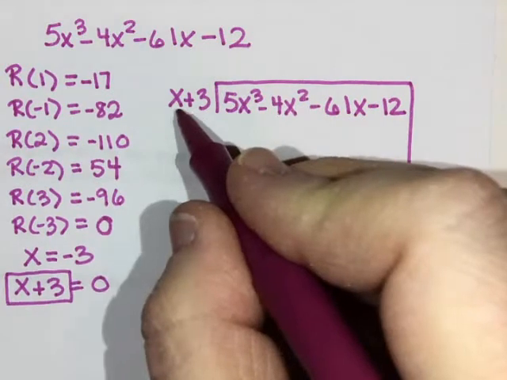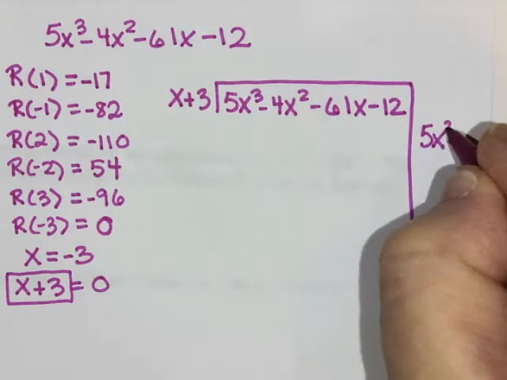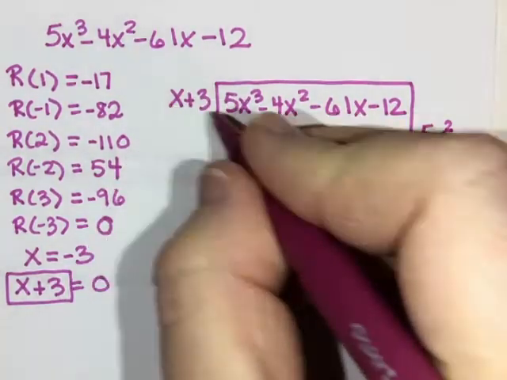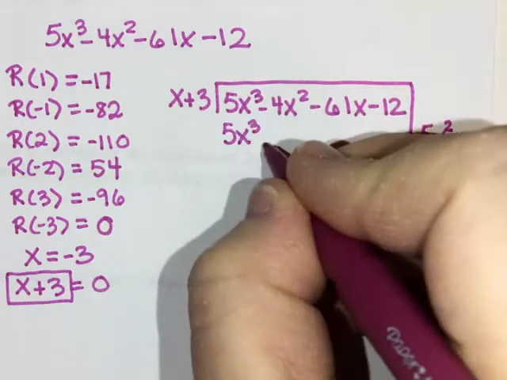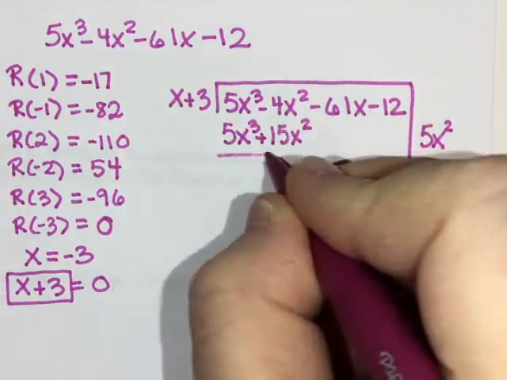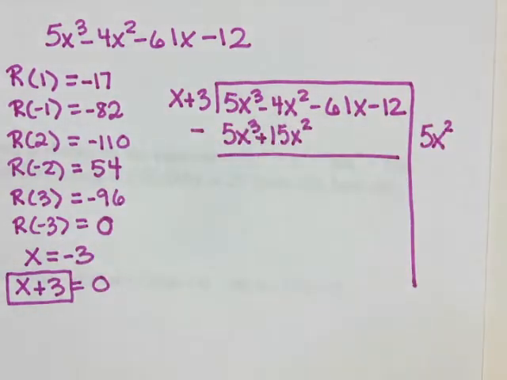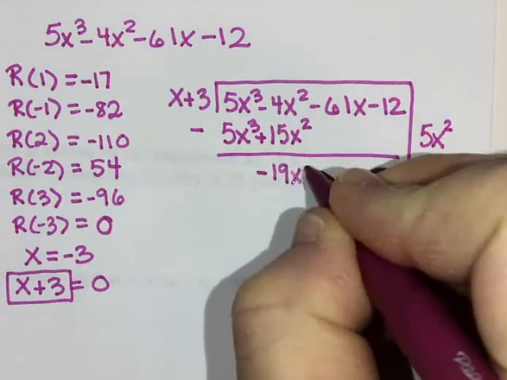Okay, how do I turn an x into a 5x cubed? I multiply by 5x squared. So 5x squared times x is 5x cubed. 5x squared times 3 is 15x squared. And then we subtract. 5 minus 5 is 0. Negative 4 minus 15 is negative 19x squared.